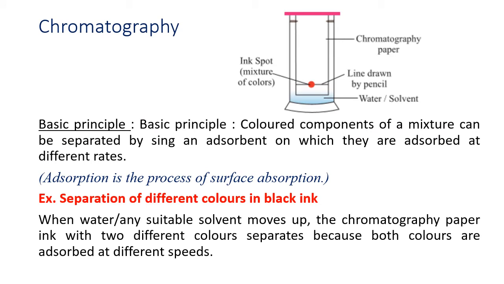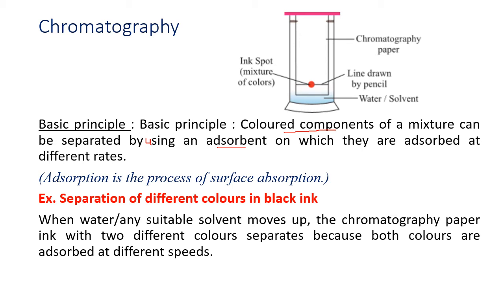The next one is chromatography. Okay. Now here we will see the colored components of a mixture. Component means here there are not only two, there are more than two. So a colored component mixture can be separated by using an adsorbent.